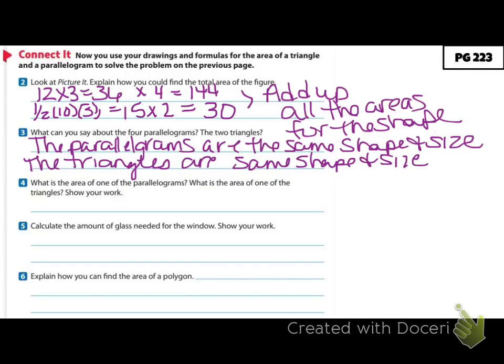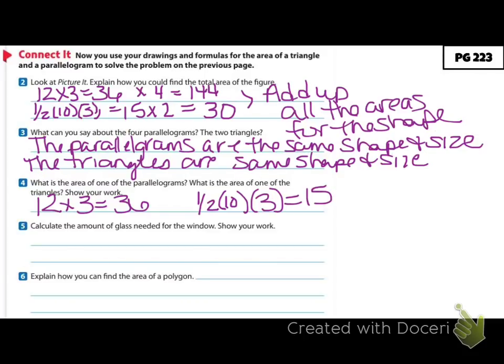Number 4, what is the area of one of the parallelograms? Well, we did this up at the top. The parallelogram would be 12 times 3, which is 36. It says show your work, so here's our work. What is the area of one of the triangles? We did this up above as well, kind of jumped ahead a little bit, and we found 15.